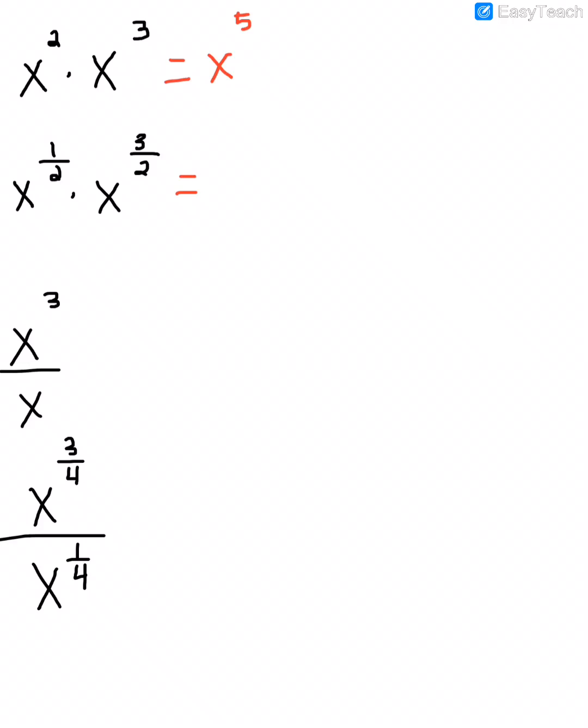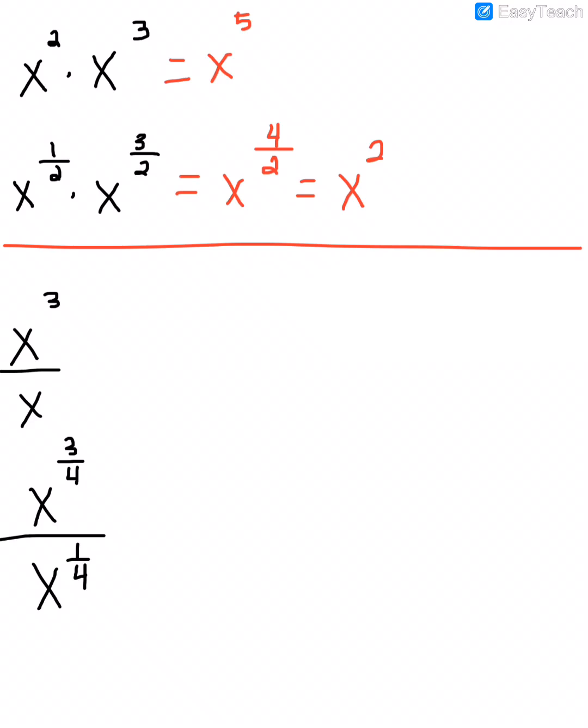So this would be x to the 4 over 2 power, because when we're adding fractions, as long as we have a common denominator, we just add the numerators. And then we would need to simplify. Well, 4 over 2 is 2, so it would just be x squared. That's what we do when we're multiplying our bases.